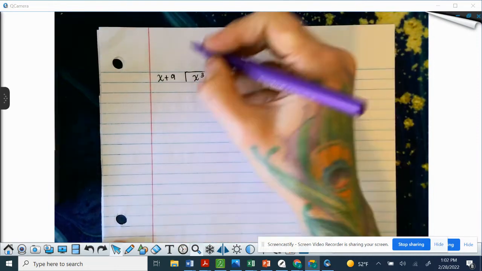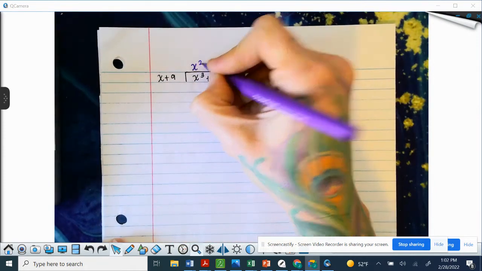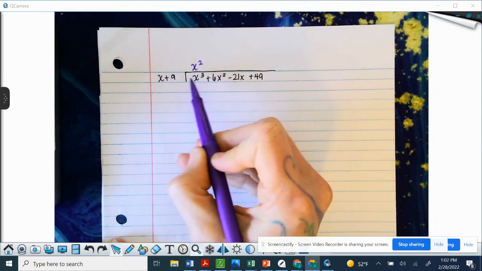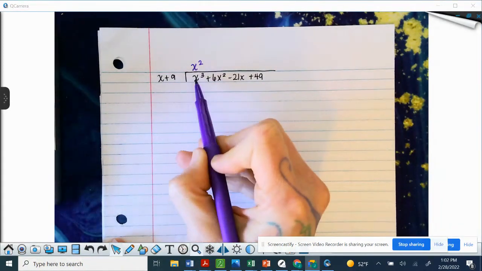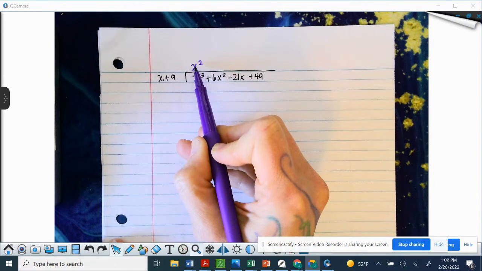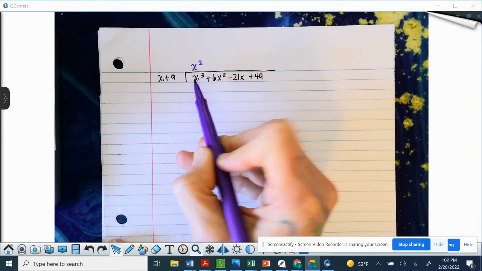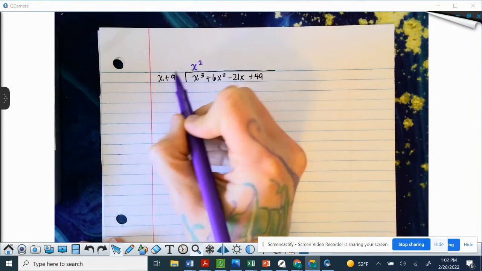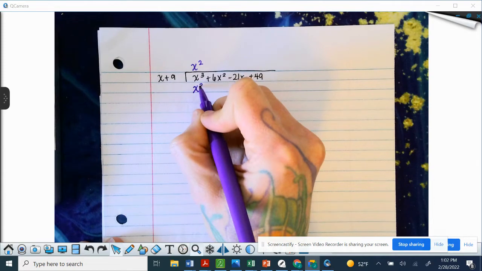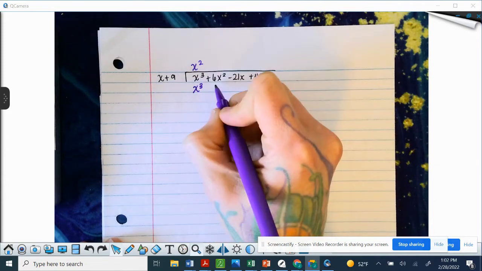I mean, there'll be 2 left over when I pull 1 out. So this times this gives me this. Or this divided into that gives that. Whichever way makes sense to you is the way you want to train your brain to think. I like multiply. What did I multiply this by to get x cubed? And then that's what you're going to do. So x squared times x gives me x cubed. X squared times 9 gives me 9x squared.